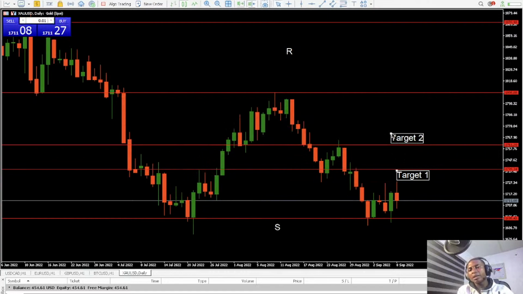Why these levels? Because we can see that price is gaining some bullish momentum here. From yesterday's candle, you see how the bulls pushed the market higher. And even today we can see rejections coming in on the bearish candle already.